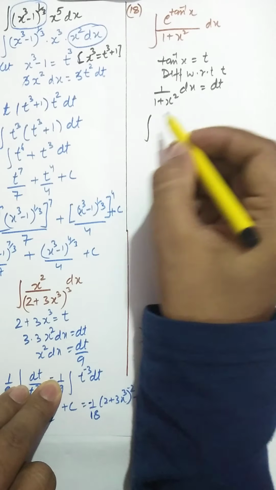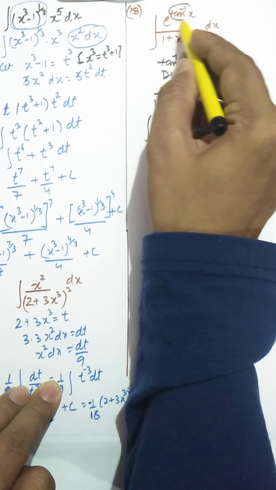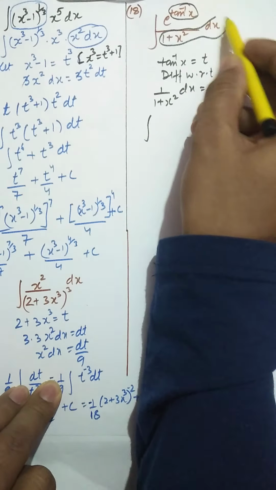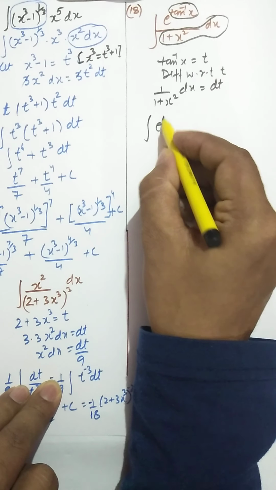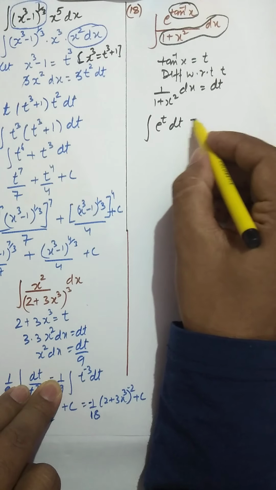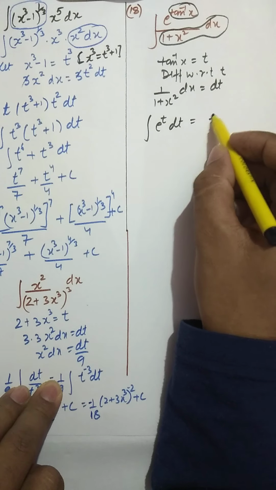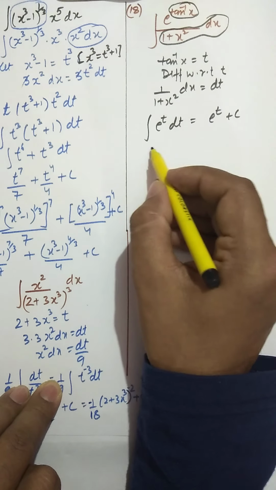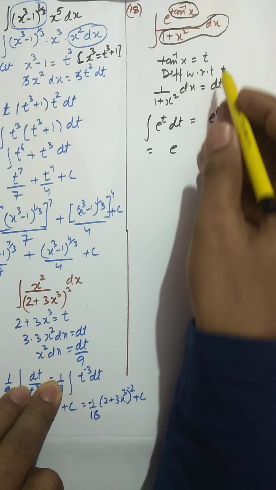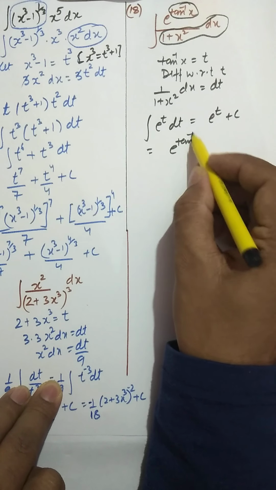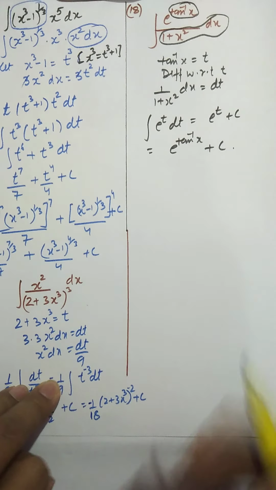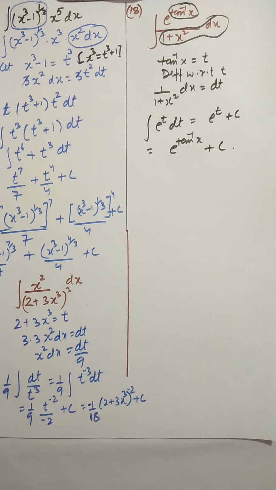So you can now see that you have assumed this as t and this has come as dt, so it will become eᵗ dt, and the integration of eᵗ will be eᵗ + c. Now finally you can again substitute what you assumed, this is tan⁻¹x, and this is going to be + c. So you have seen how we have solved question number 18.